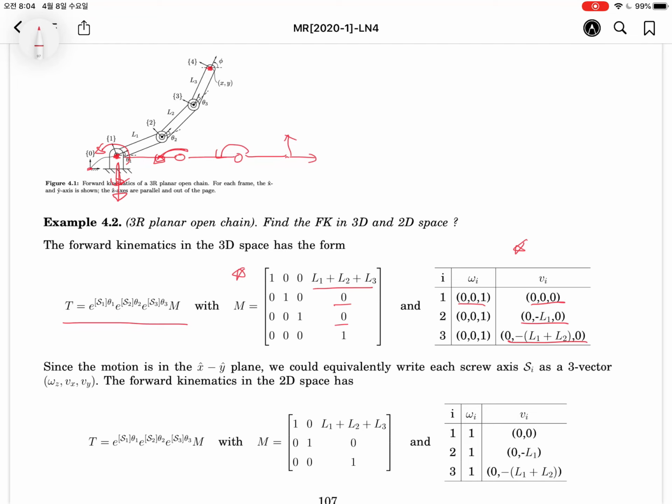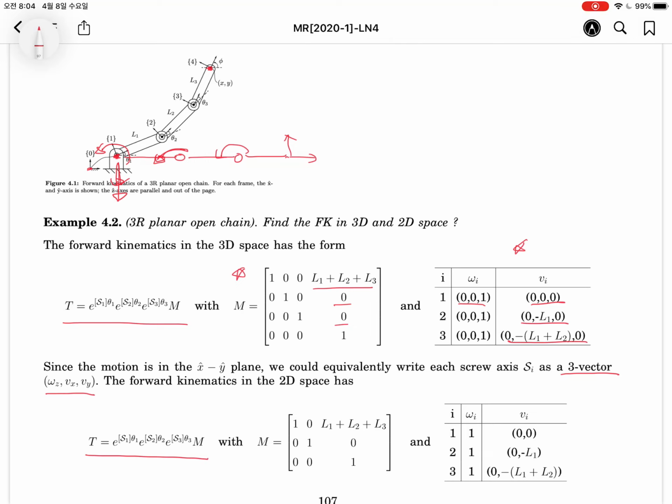If you combine this kind of phenomena in the planar case, just three components corresponding to omega z, Vx, and Vy will be required to describe the planar motion.